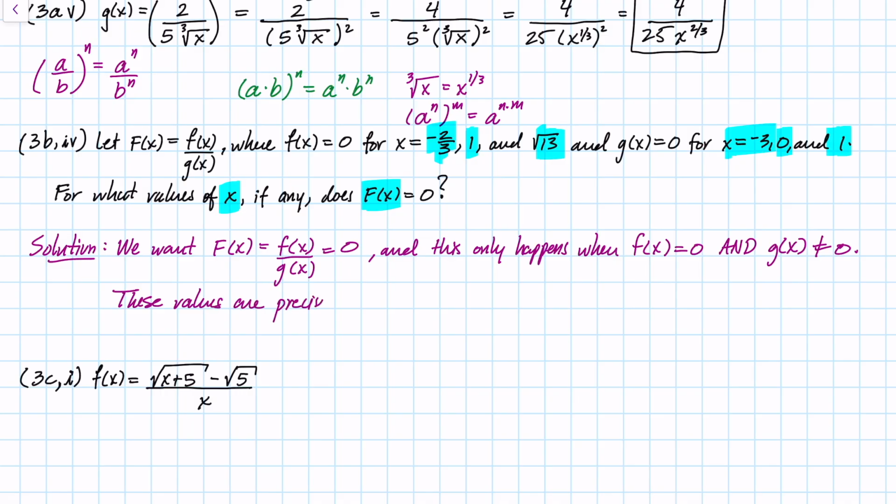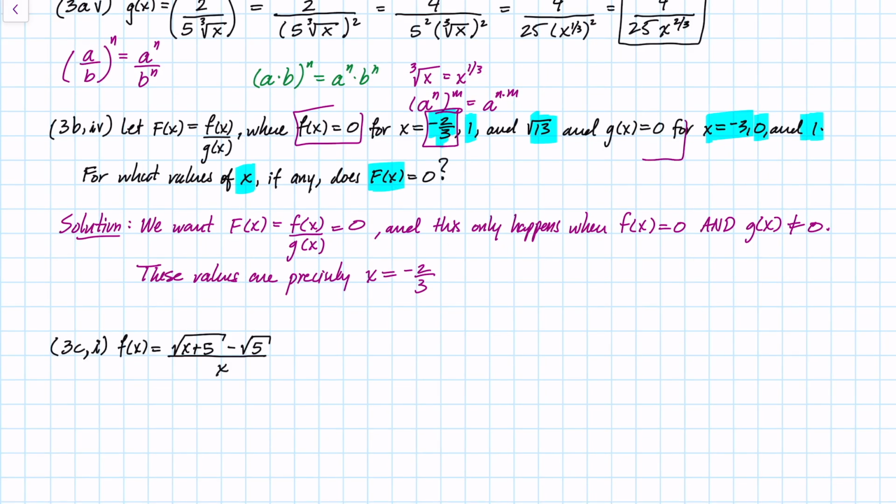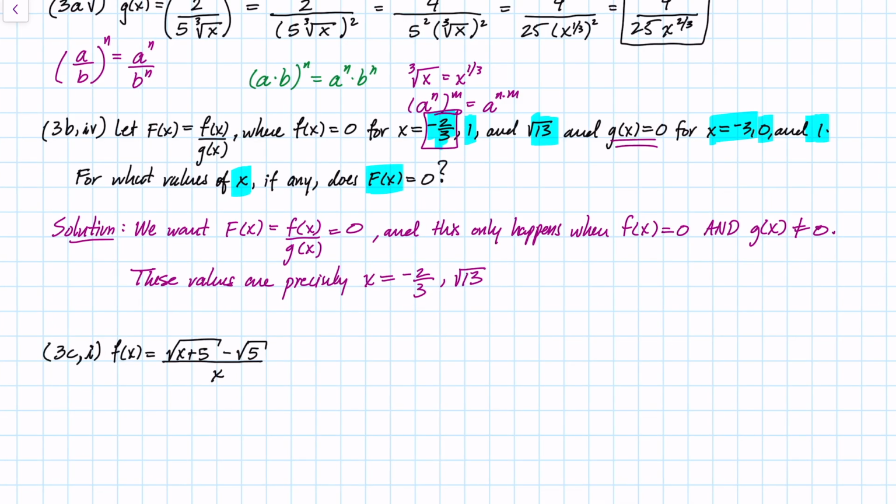are precisely x equal to negative 2/3, and the reason is because negative 2/3 will make f of x equal to 0, and it will not make g of x equal to 0, which is what we want. We want only the numerator to be equal to 0. And the same happens with the square root of 13, because the square root of 13 will make f of x equal to 0, and it will not make g of x equal to 0.